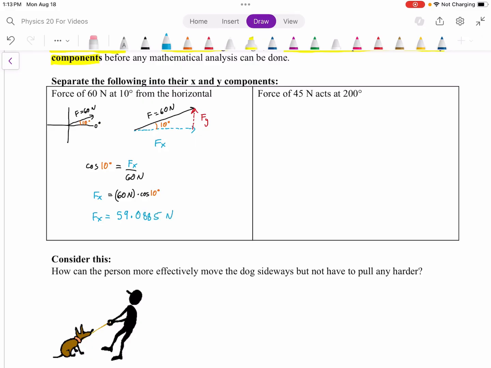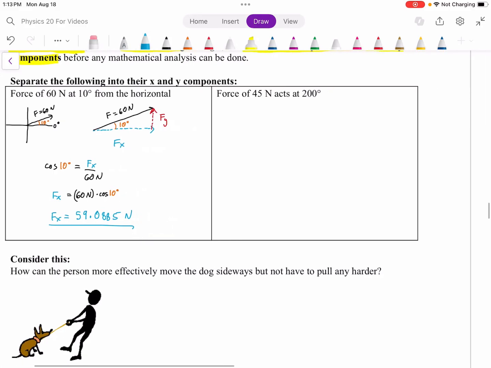59.0885 newtons. That's a very good chunk of the 60, which makes sense because 10 degrees is a very small angle. It's mostly righty with a little bit of uppy thrown in. What about the y component? Well, y is opposite, and the hypotenuse is still 60. Opposite, hypotenuse: sine. So a very similar setup, except with sine instead of cosine.